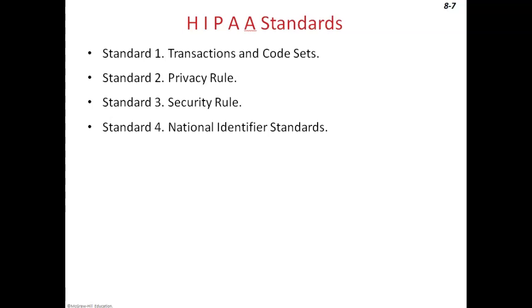Because HIPAA is a federal legal standard for privacy and security of health information, employees must follow the law's provisions, which are contained within 4 standards. Standard 1, transactions and code sets. A transaction refers to the transmission of information between 2 parties.